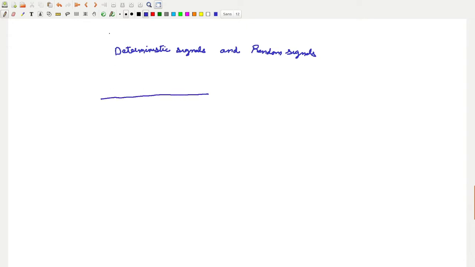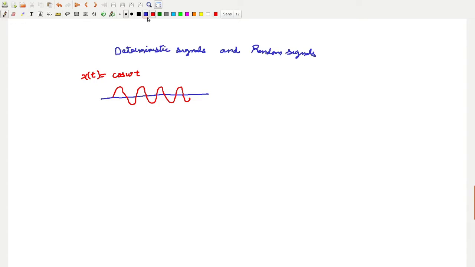For example, a sine wave, which is represented as x of t equal to A cos omega t. This is a deterministic signal.